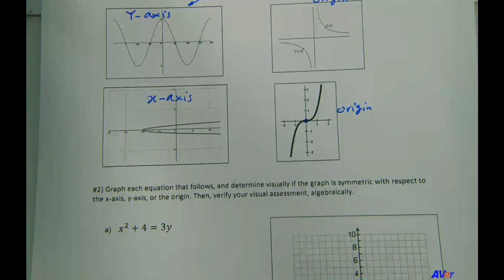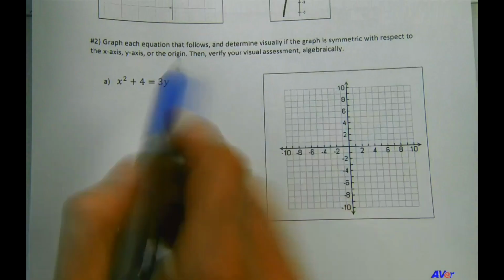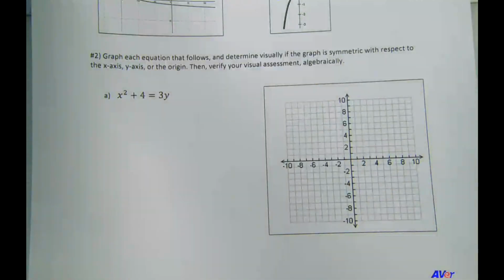Okay, so next it says graph each equation that follows and determine visually if the graph is symmetric, not numerically, right? There is a numeric way of determining whether an equation is symmetric with respect to the x-axis, the y-axis, or the origin, and there's also a graphical way of doing that.